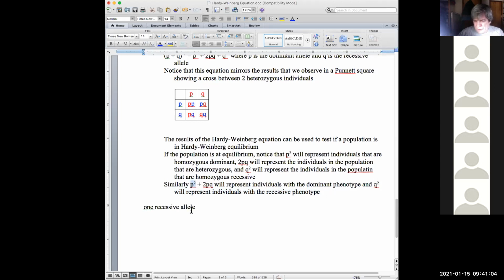Notice individuals who are P squared, they don't have a recessive allele, but individuals who are 2PQ, they have a recessive allele. Individuals who are Q squared, they have a recessive allele. So if we add up these two categories, this tells us how many individuals in this population have a recessive allele.